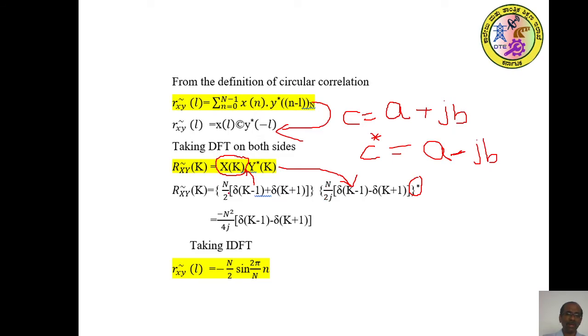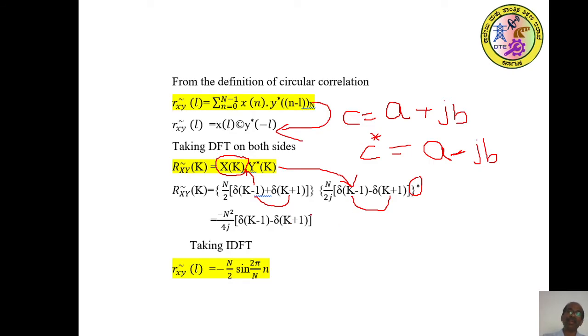Take this common: minus N square by 4j square into delta k minus 1 plus delta k plus 1, which looks like a plus b formula. This looks like a plus b. This looks like a minus b. You know that a plus b into a minus b is equal to a square minus b square.